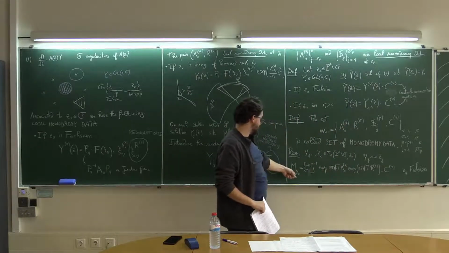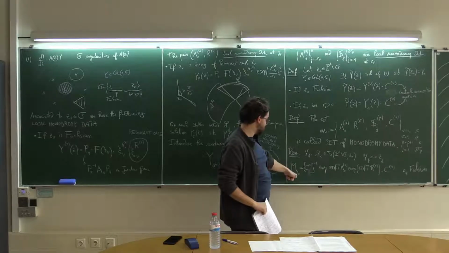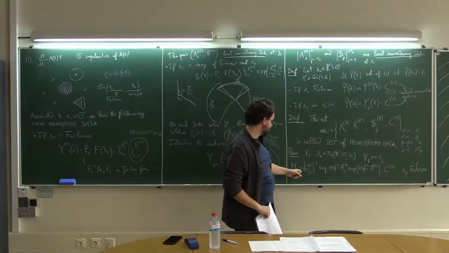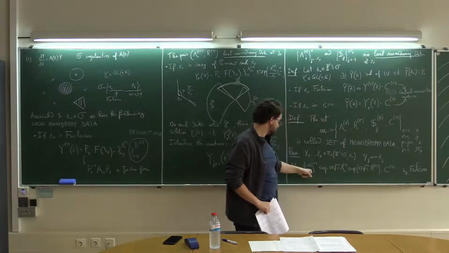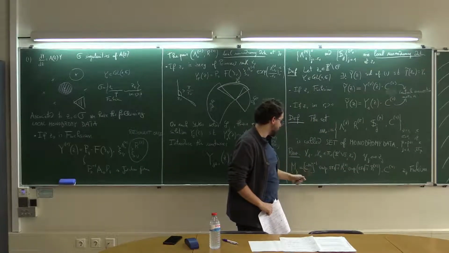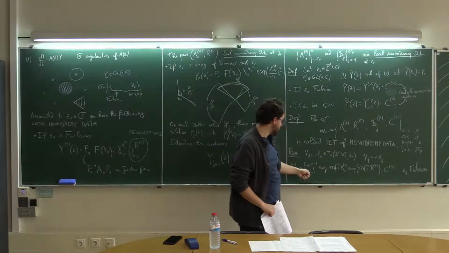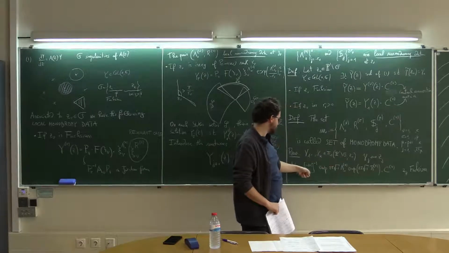But the monodromy matrix computed with respect to the loop gamma nu is in the same conjugacy class, and we need to multiply on the left and on the right by the matrix C nu inverse and C nu.